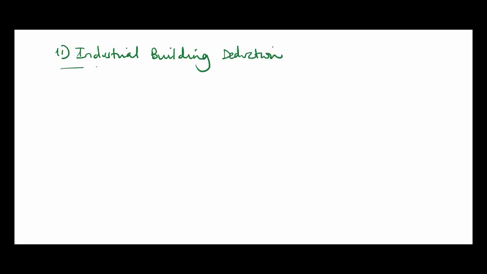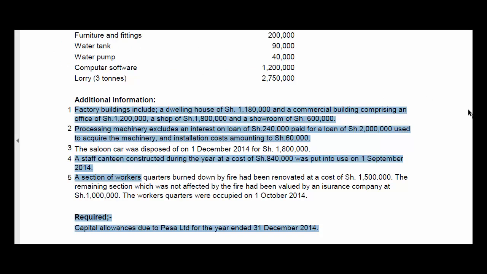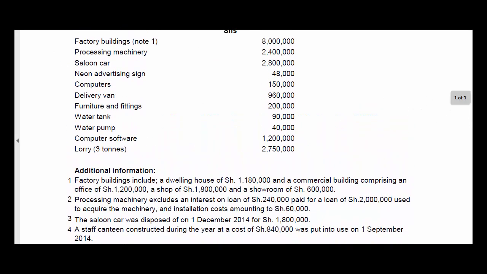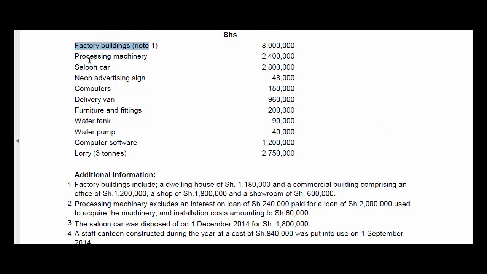We can now move to the second part, which is on industrial building allowance or deduction. So let's see what buildings we have. Wait a minute. There's a water tank of 90,000, which should be part of the building.